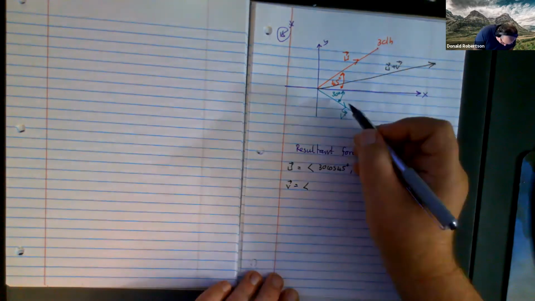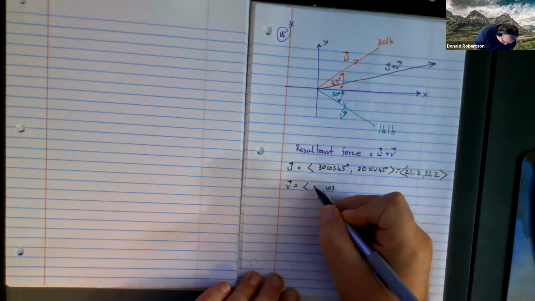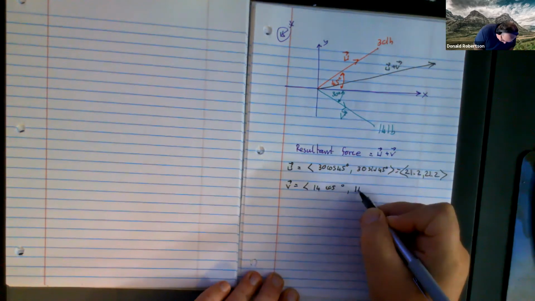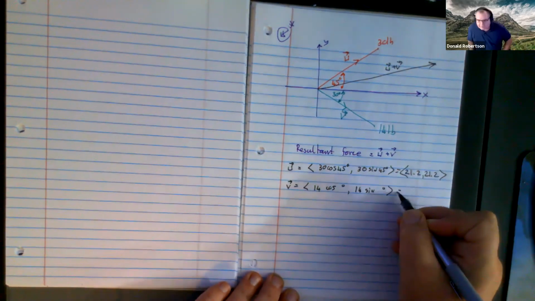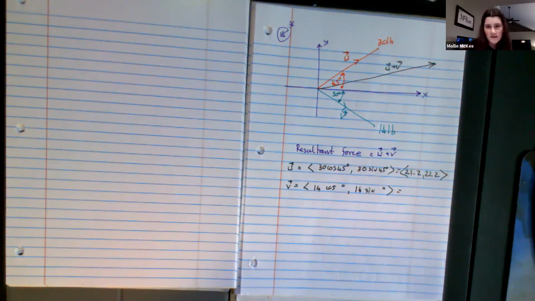Now, this one is definitely going to be 14 times the cosine of an angle, and 14 times the sine of some angle. But that angle is not going to be 30 degrees. What number will that angle be? Not 60? Nope. Keep thinking.